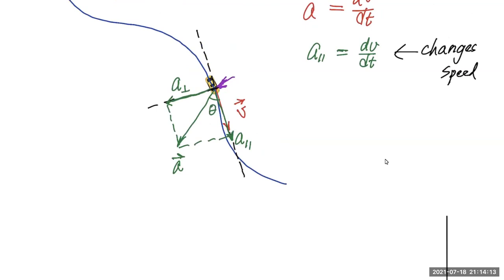In the meantime, we can look at this component. The component is perpendicular to the direction of motion, and this component of the acceleration is neither pushing the car nor pulling the car, right? If you pull the car, then you go backwards. You push the car, you go forward, like this. This is the direction of motion of the car. But you're not going either forward or backward. You are right in the middle. You go like this. So you're not changing the speed, are you?